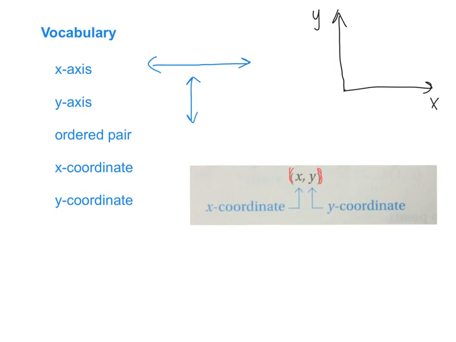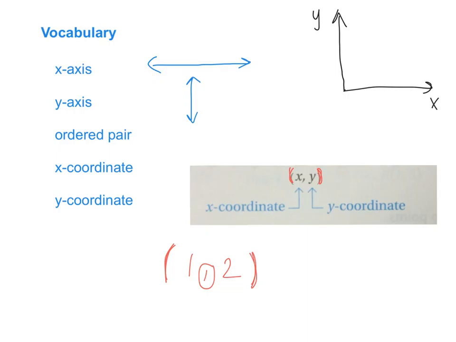Because if it wasn't in parentheses, they might just be 2 numbers next to each other and you wouldn't know what to do. It's just a list. But once you put it in parentheses and have a comma in between them, then you know it's an ordered pair. And as I said, ordered pairs are always in a specific order. The x coordinate always comes first, and then the y coordinate.